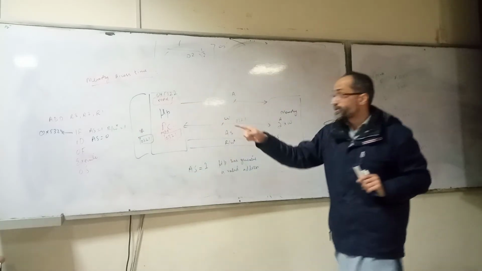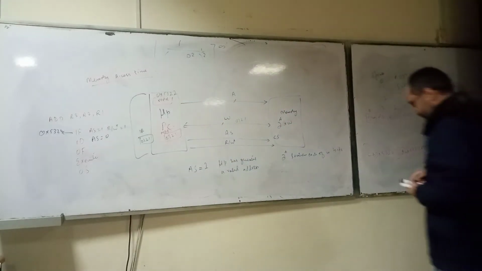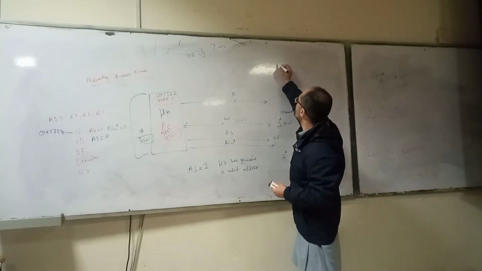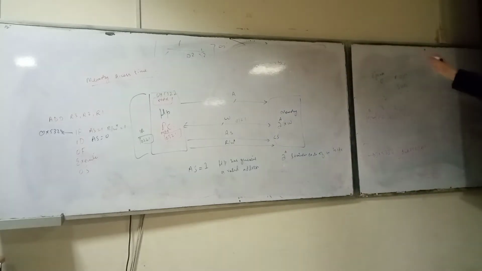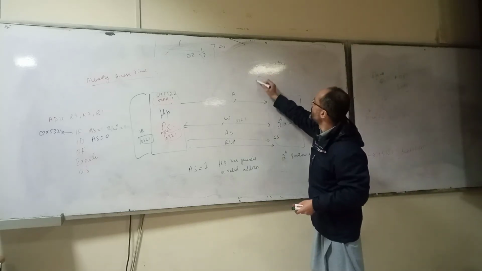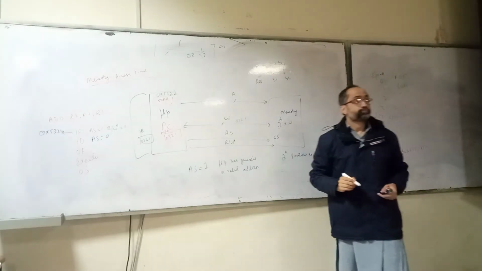Now, in the operand fetch stage, consider a statement in C, let's assume C is equal to A plus B. It is an expression. We have a result operand, and then source 1 and source 2.